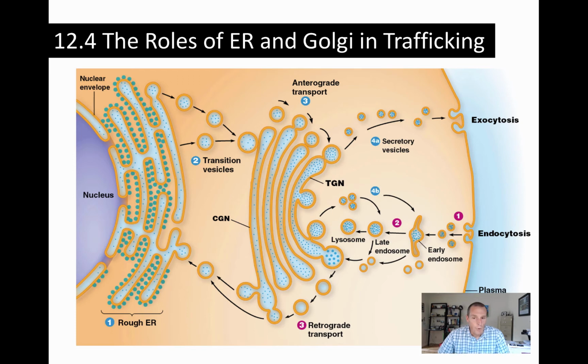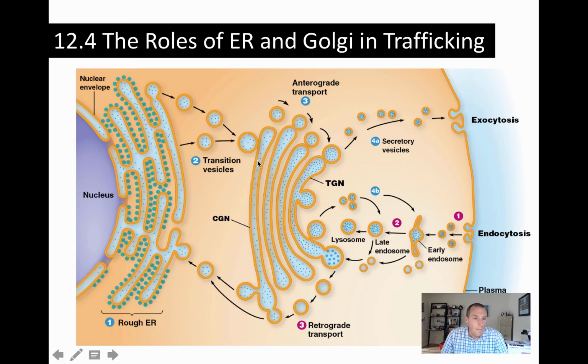The sorting of proteins begins in the endoplasmic reticulum and then in the early cis-Golgi network cisternae. Then there are also mechanisms to retrieve or retain compartment-specific proteins. The final sorting, the final distribution part of the Golgi, is the trans-Golgi network.